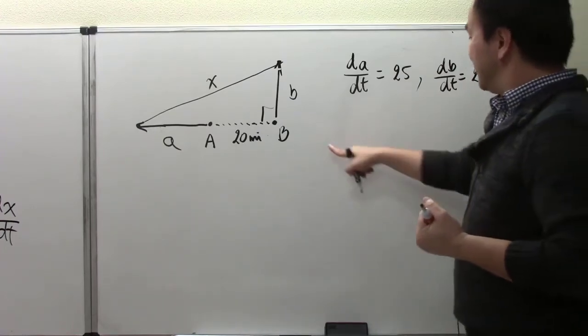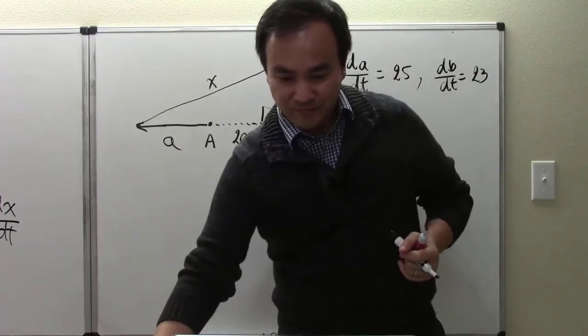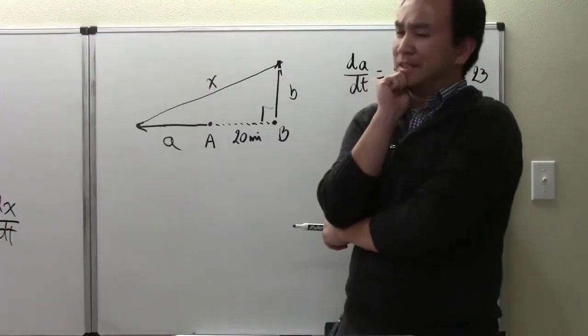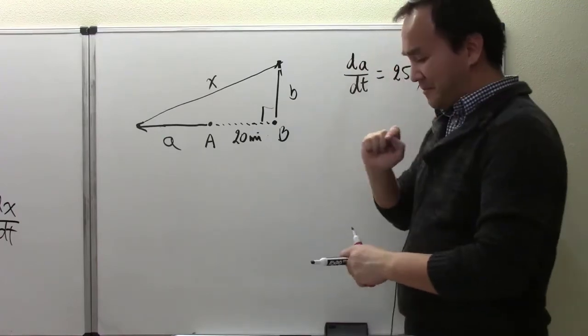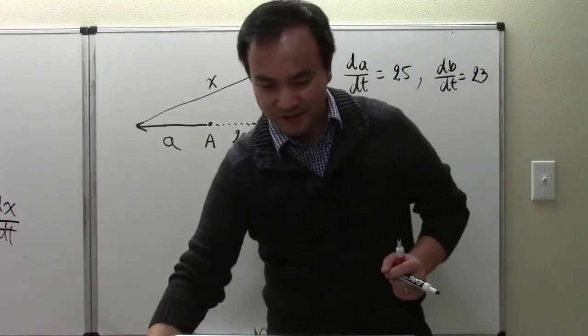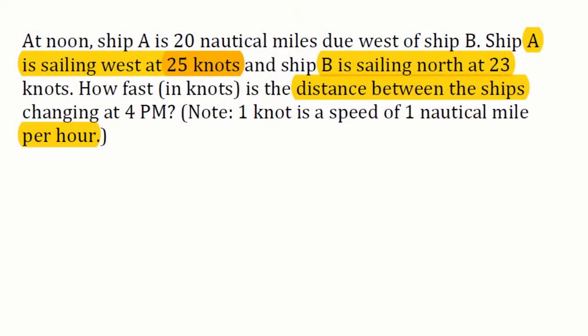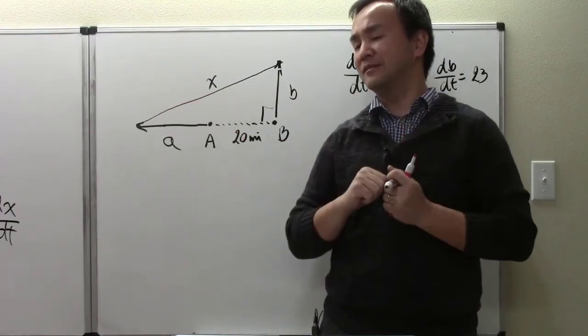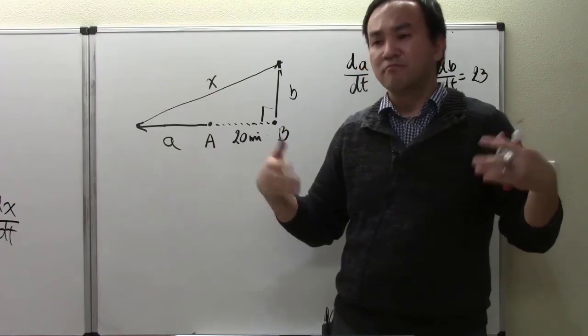Now further, the question was asking, how fast is the distance between the ships changing at 4 p.m.? At first this information seems a little irrelevant, but think a little further. The problem began with "at noon." If we treat noon as a time point, then from noon to 4 o'clock, how much time has gone by? 4 hours.